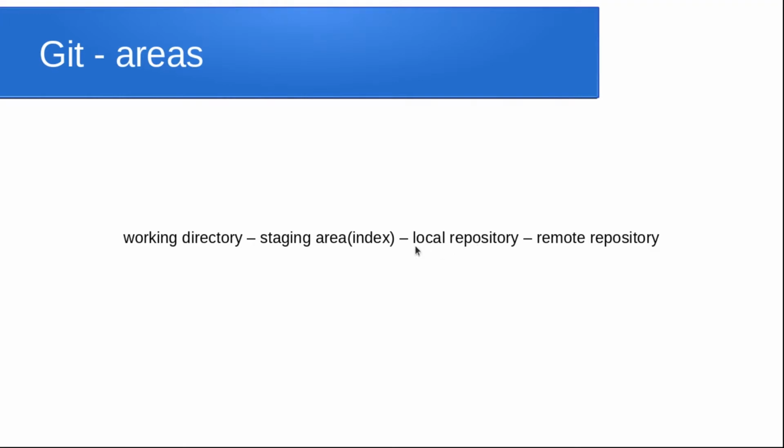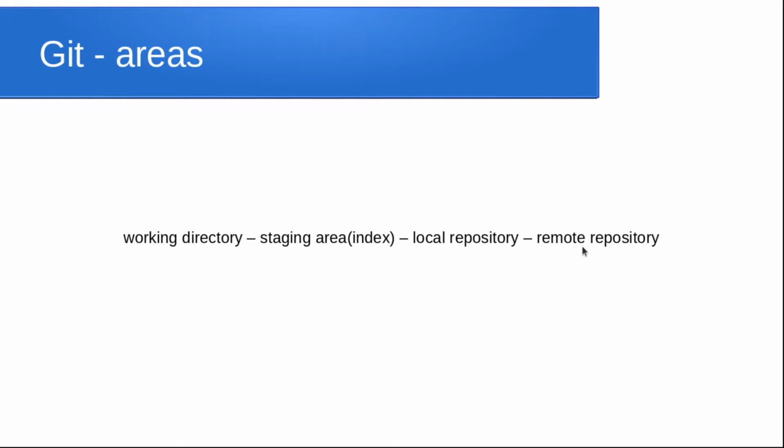In the commit, usually we see only the changes to the files. So not the whole files are transferred, just the changes. All these three areas are kept on our computer. So when we are ready, we can create a push, and all those commits will be transferred from the local repository to a remote repository.